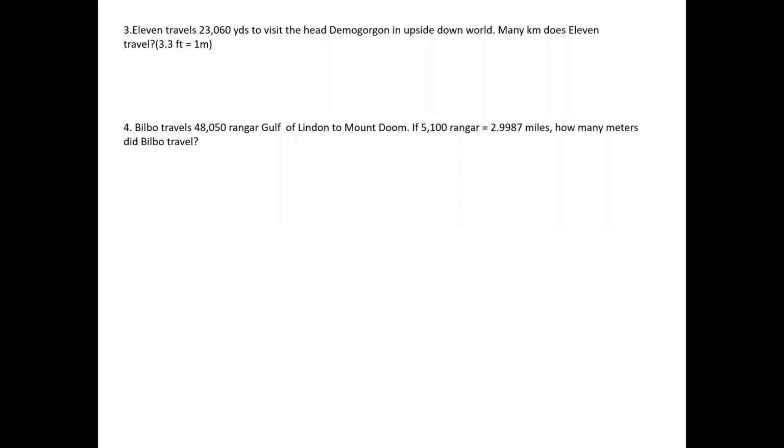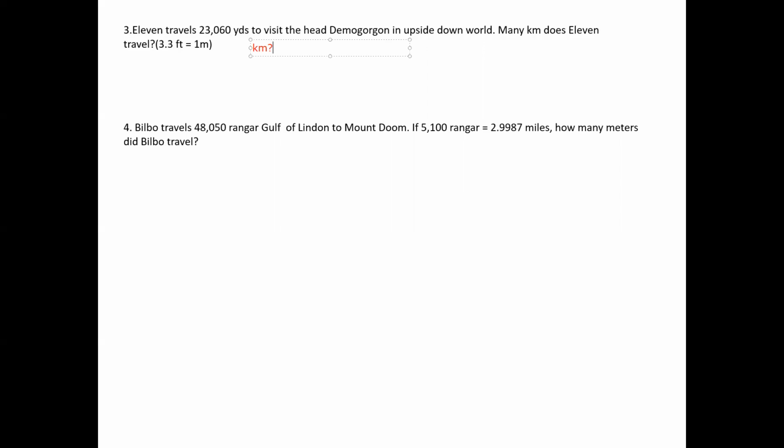So here we have in number 3, 11 travels 23,060 yards to visit the head Demogorgon in the upside down world. How many kilometers does 11 travel? And it gives us 3.3 feet is 1 meter. So what are we looking for here? We're looking for kilometers.